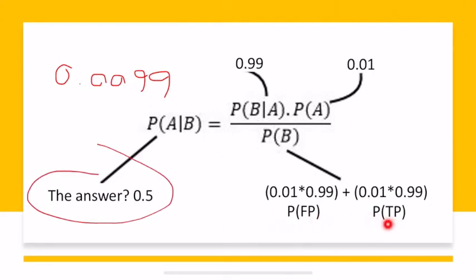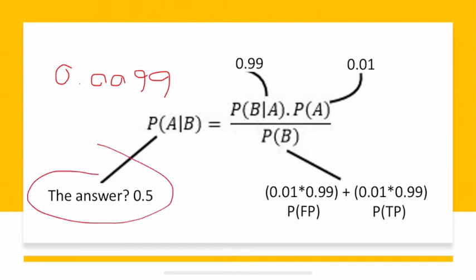Some of them are going to be true positives, but also some of them are false positives. We want to calculate out of all the positives, how likely is our patient to have the diagnosis of cancer, out of all the positive tests for cancer. So the false positive probability is 0.01 times 0.99, okay?